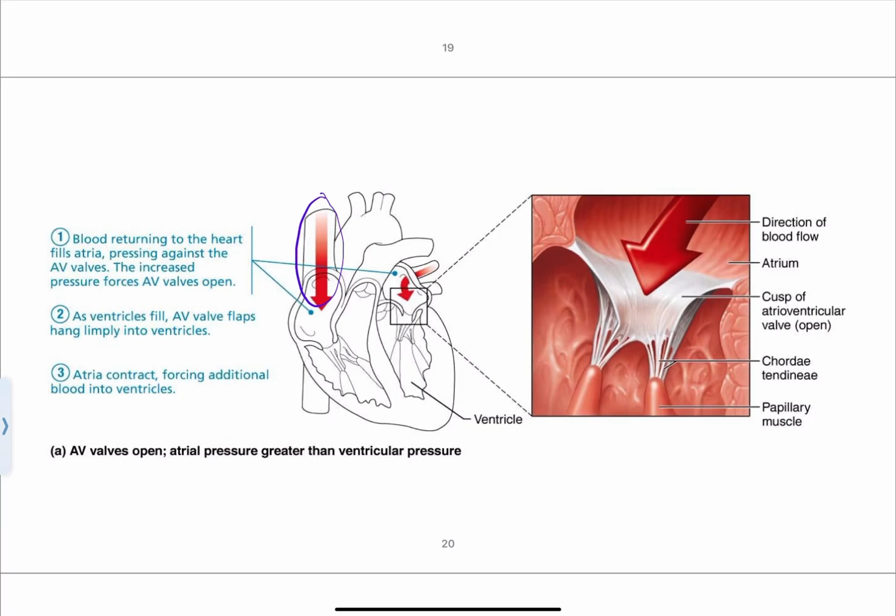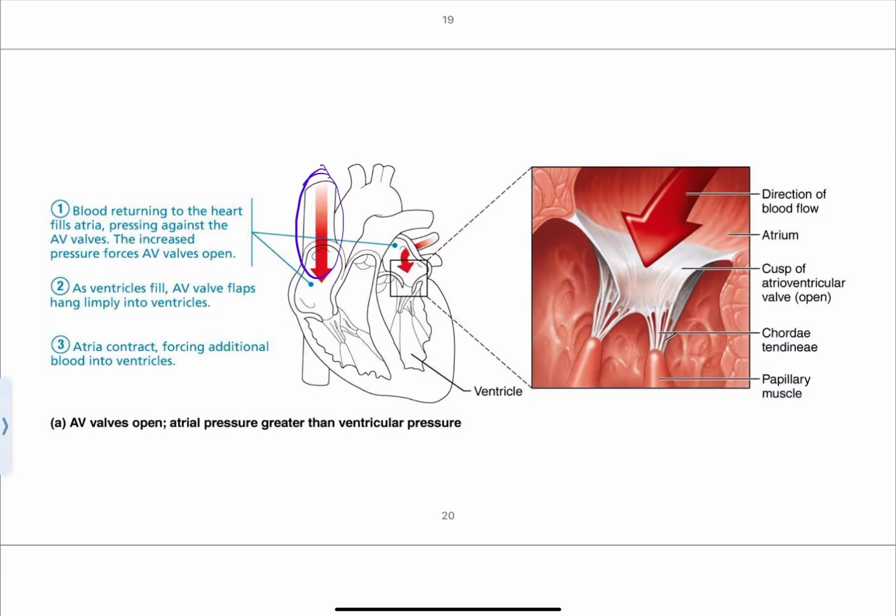As the pressure increases in our right atrium, it causes the valve connecting the atrium and the ventricle to open. The AV valve flaps open and hang into the ventricle. Then the atria contract to make sure all the blood that was in the atria ends up in the ventricles.